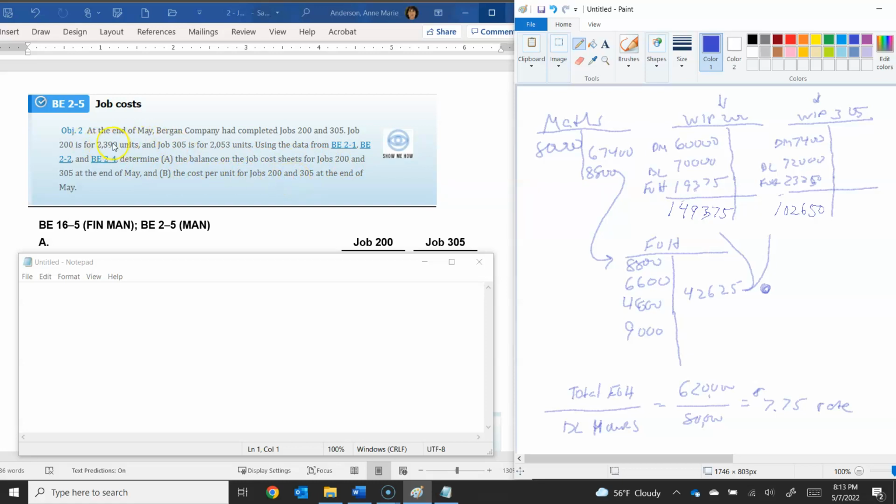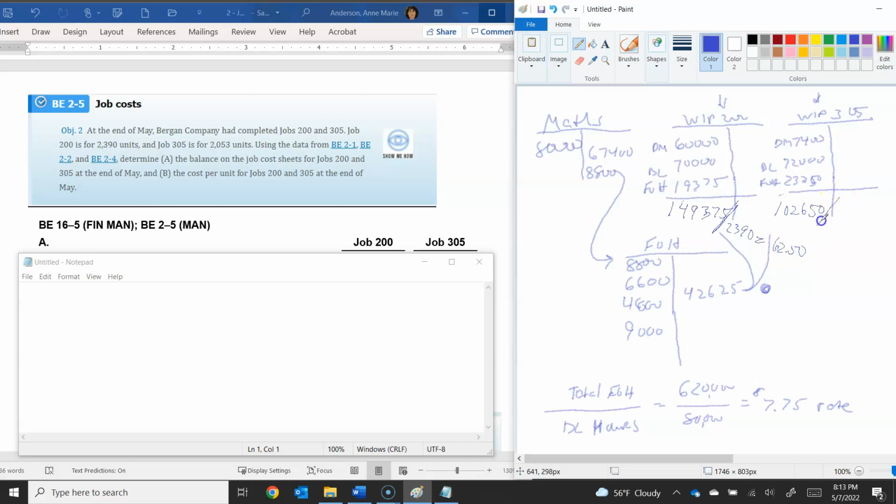Well, if job 200 was 2,390 units and it cost $149,375, we're going to divide that to figure out the unit cost by how many it made, right? So this was the total cost for the job, and it was 2,390 units. That will equal, I'm going to cheat now and look at my answer key, $62.50 per unit.